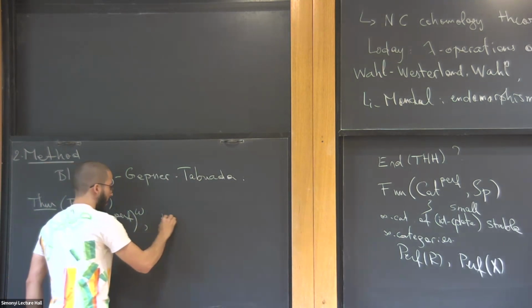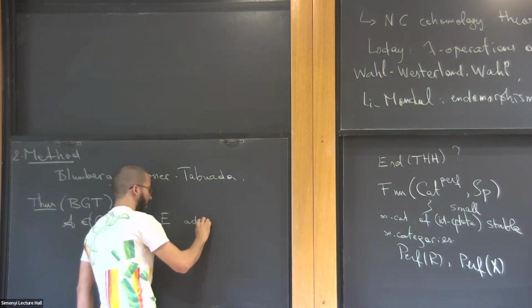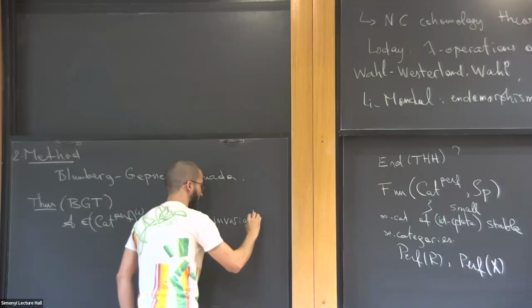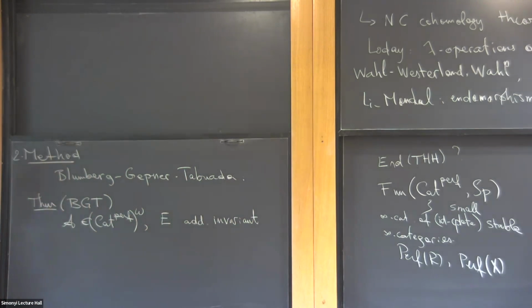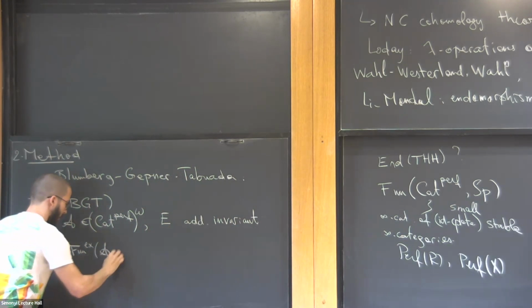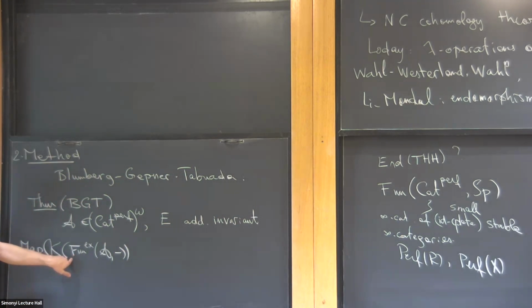And you have E, a so-called additive invariant. So it's an invariant that satisfies the additivity theorem of Waldhausen, similar to K-theory. Then you can compute maps from the functor that takes the K-theory of the category of functors from A to something.